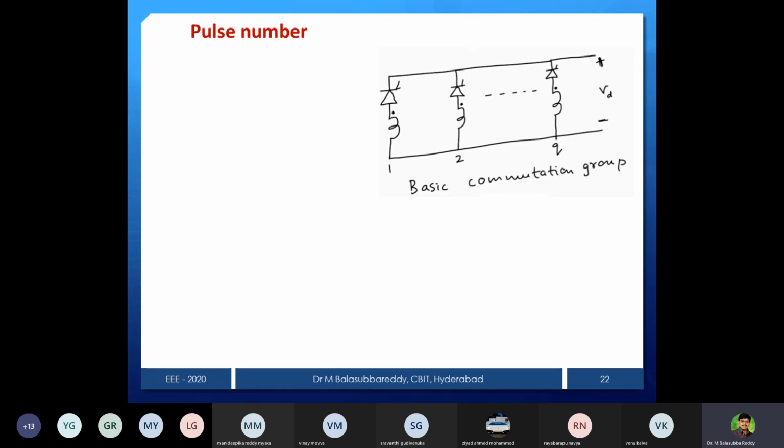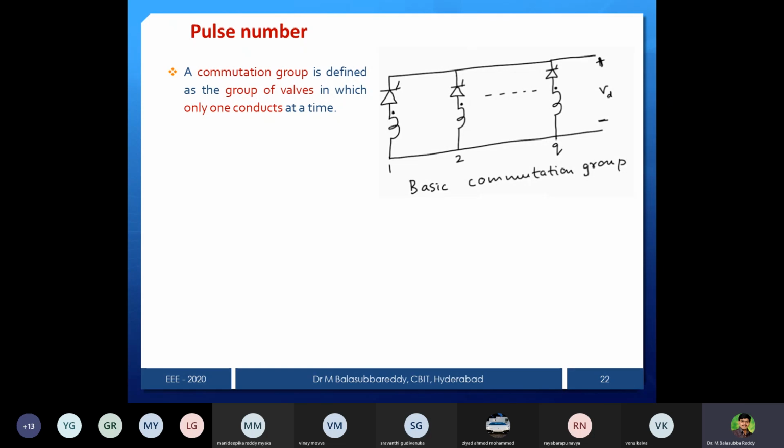This is a basic commutation group. The combination of a set of 1, 2, 3, and so on up to q valves are connected in parallel. That is the definition I mentioned there: a group of valves in which only one conducts at a time. Since they are in parallel, all the devices should not fire at a time.